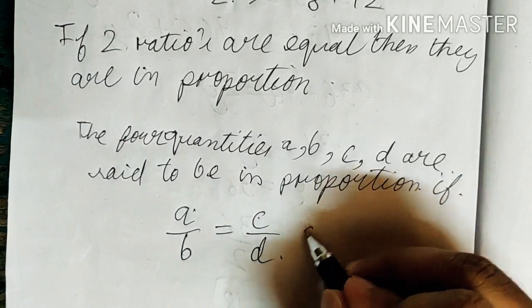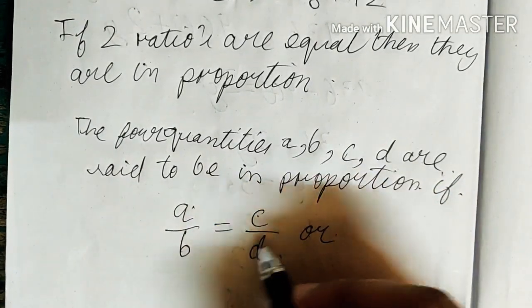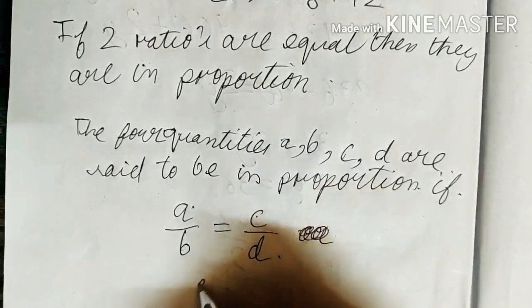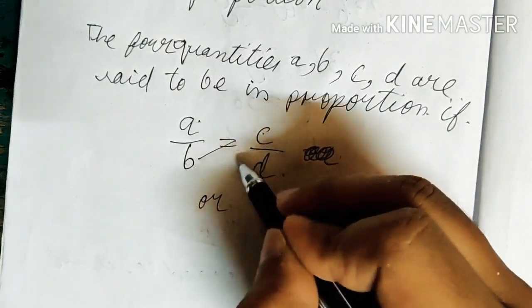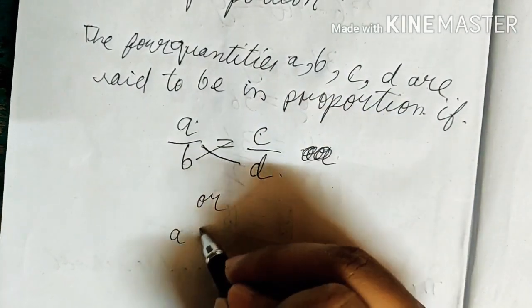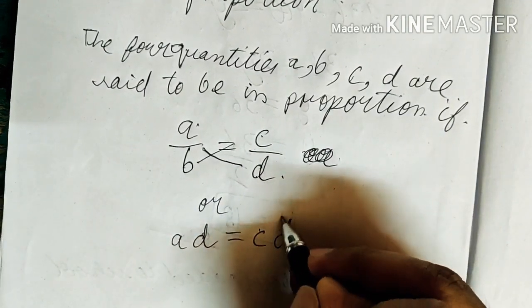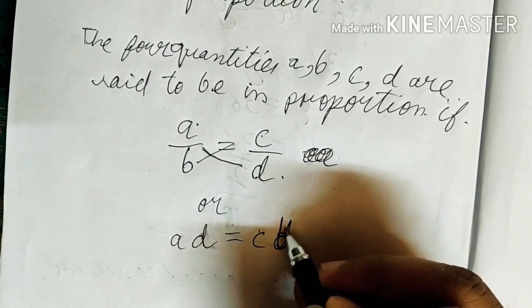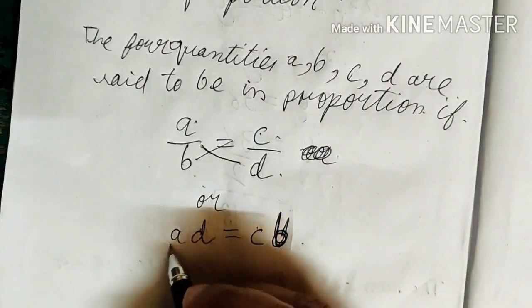We can also write this in this form, where the denominator goes here and this goes here, that is A into D equals C into B. This is B, C into B and A into D. What are these?